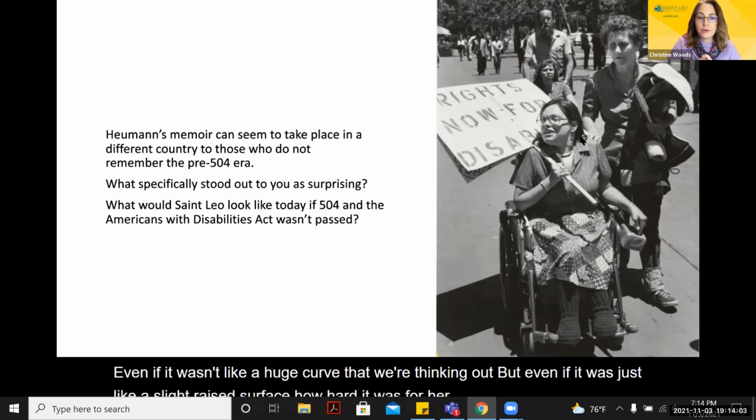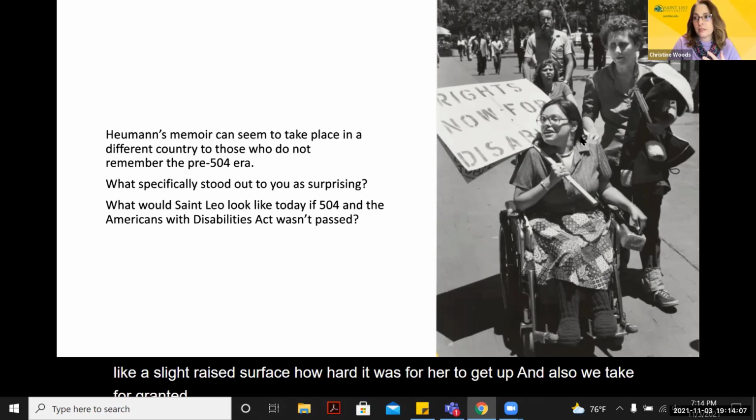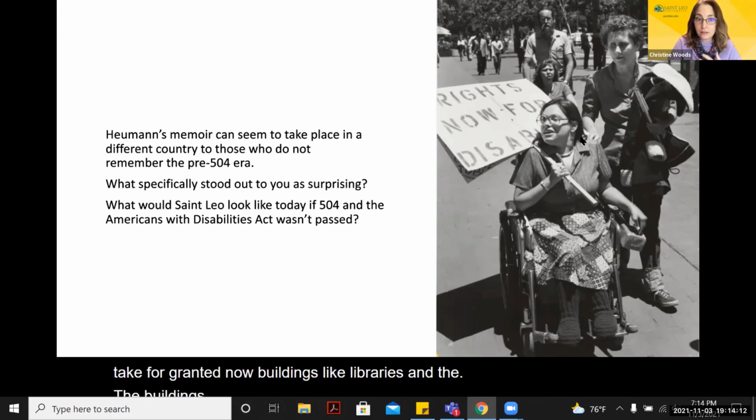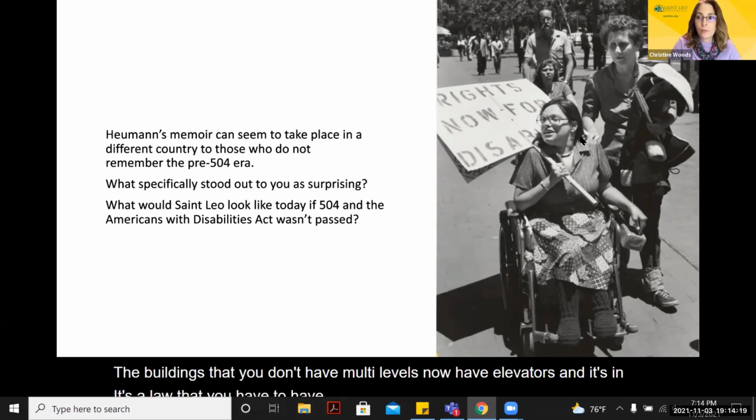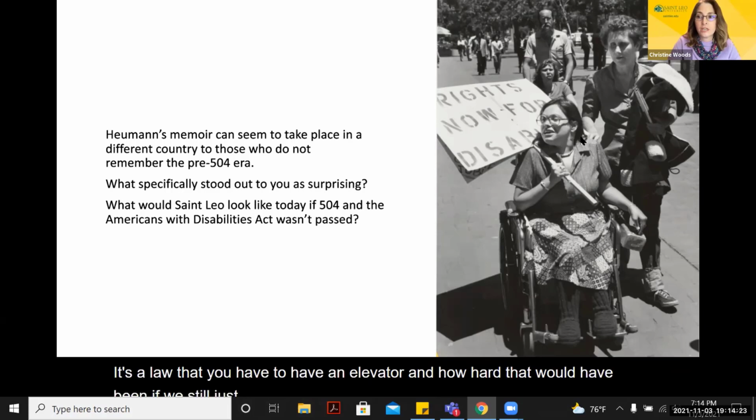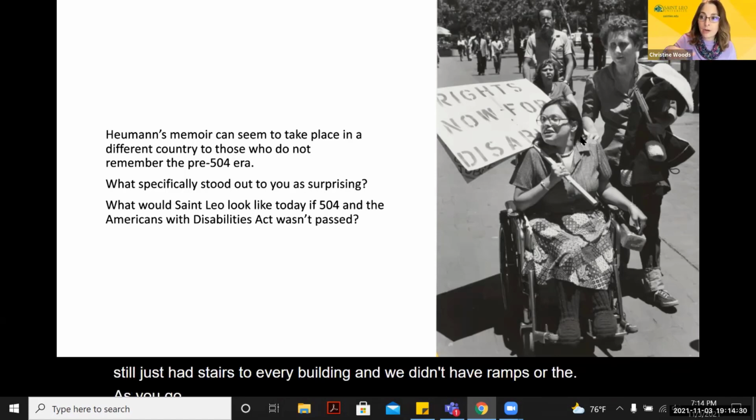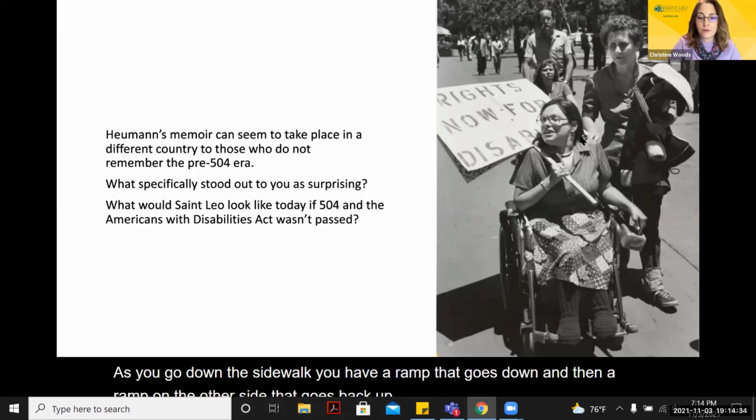And also, we take for granted now that buildings like libraries that have multiple levels have elevators, and it's a law that you have to have an elevator. How hard that would have been if we still just had stairs to every building and didn't have ramps. As you go down the sidewalk, you have a ramp that goes down and then a ramp on the other side that goes back up, and things like that we kind of take for granted now.